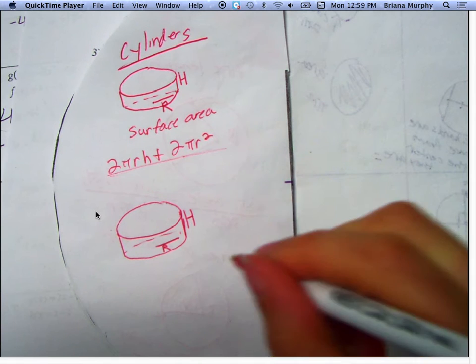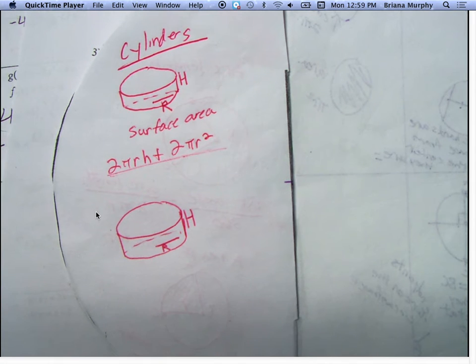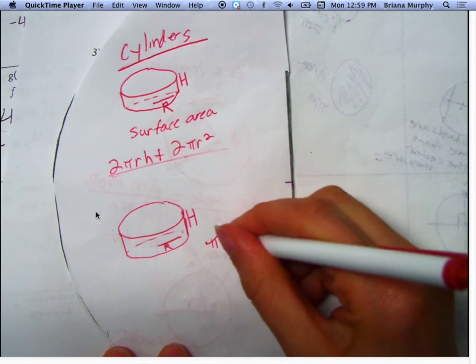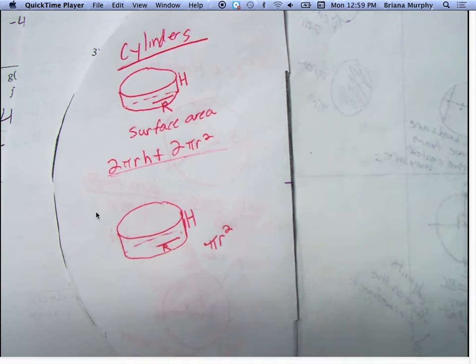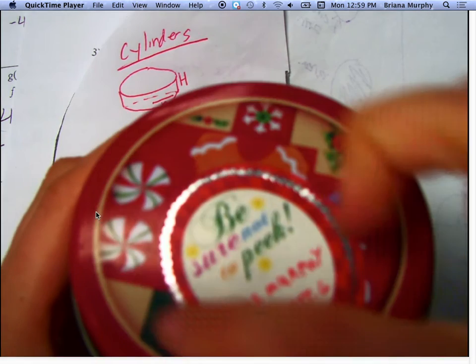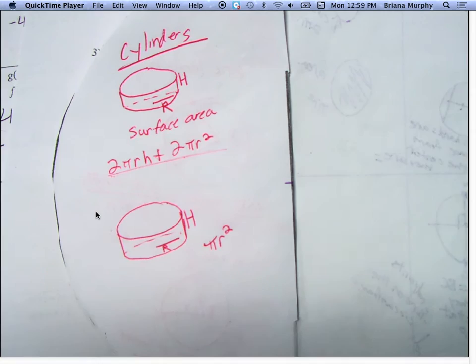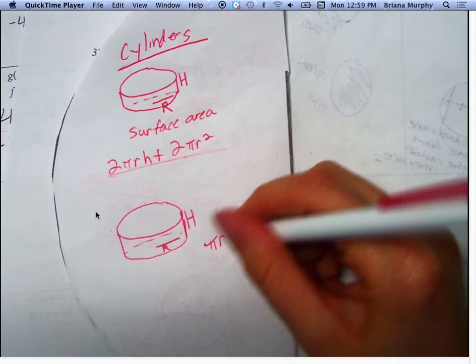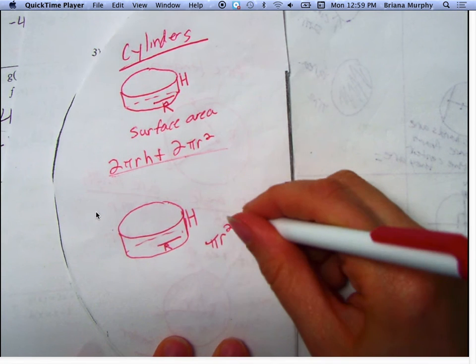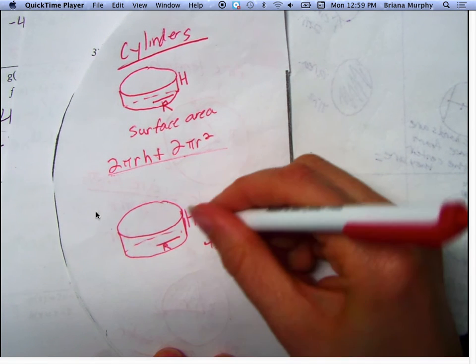So you definitely need the height. What else? So you're going to need the area of a circle. So if I have the area of the circle and I have height, if I found the area of just this circle right here and then stacked it as high as the height was, would that give me the volume? So we can just do pi r squared times h. That's the volume.